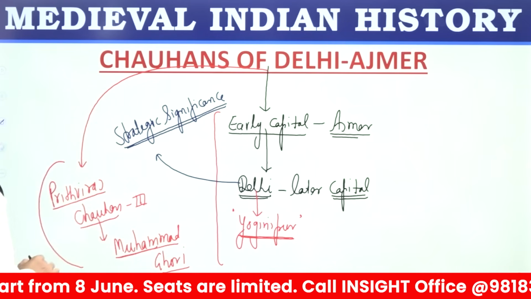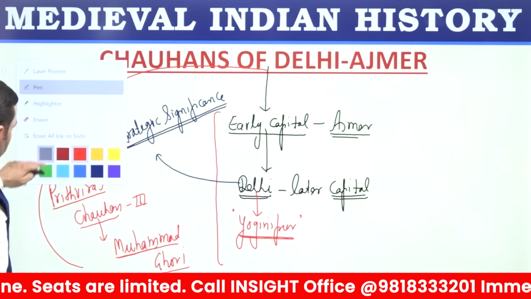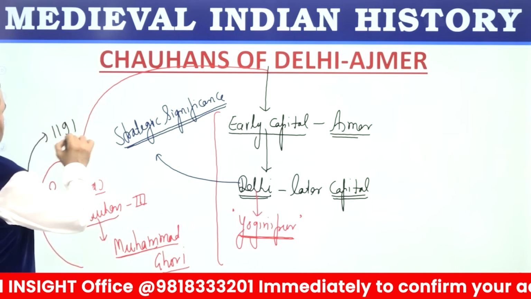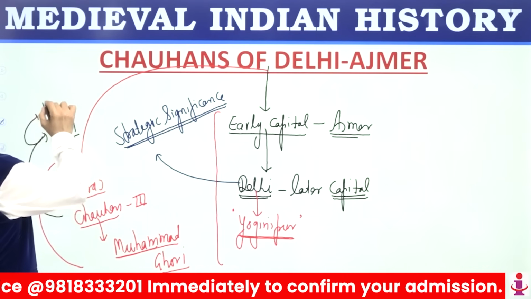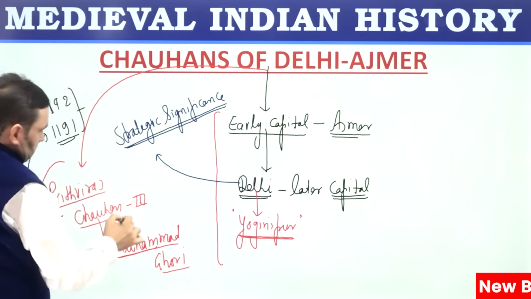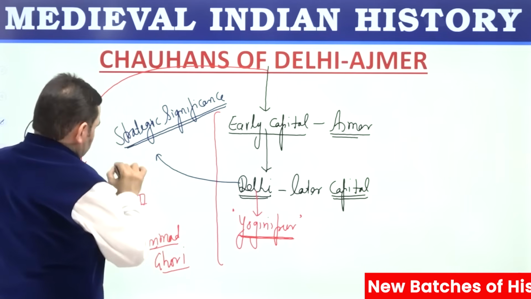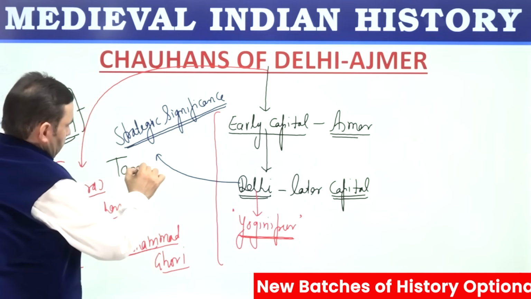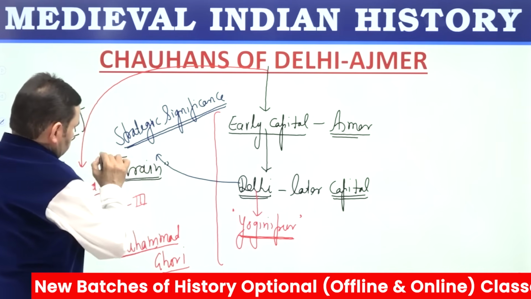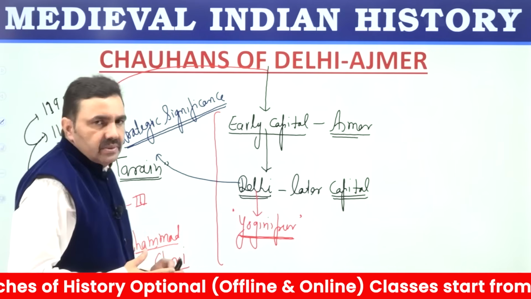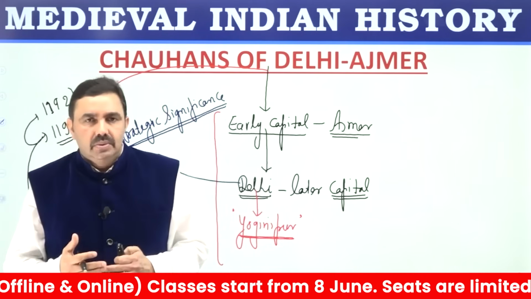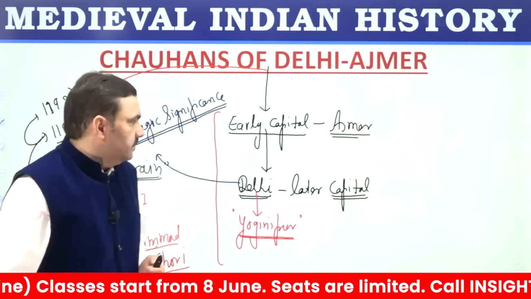Muhammad Ghori was defeated by Prithviraj Chauhan in the first battle of Tarain, in 1191 AD. But next year, in 1192 AD, in the second battle of Tarain, near Karnal in today's Haryana, Prithviraj Chauhan lost to Muhammad Ghori.